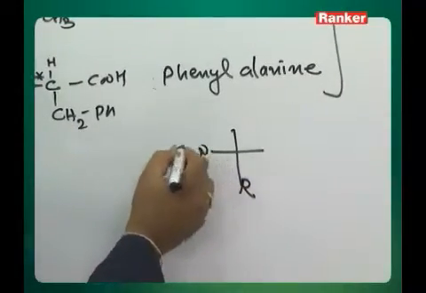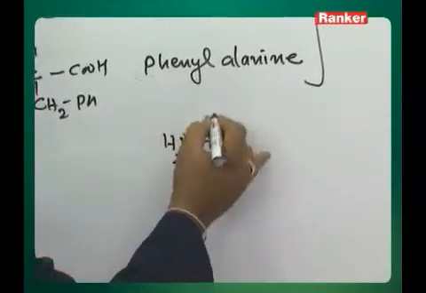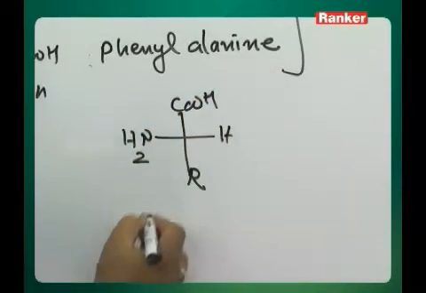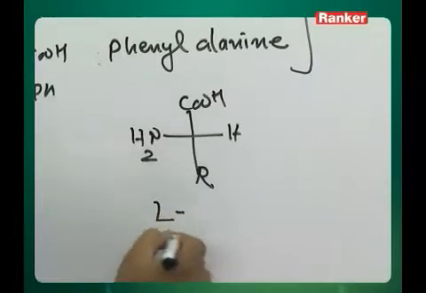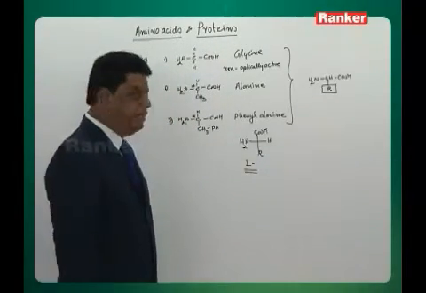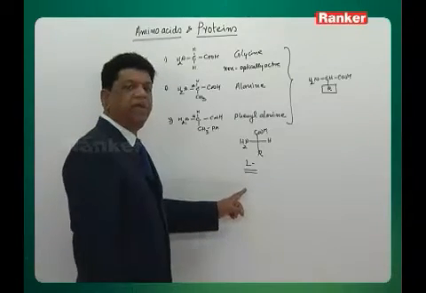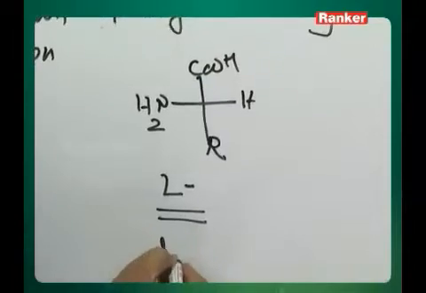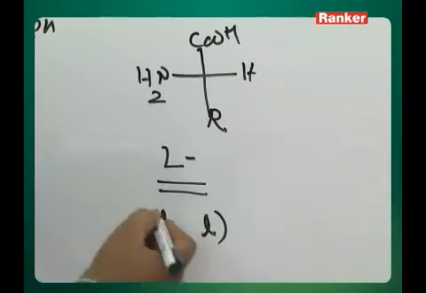The NH2 happens to be on the left side, so these amino acids are in the L series. But this L does not guarantee that the amino acid will have a minus rotation. Though they are L, some show dextro property, some show levo property.